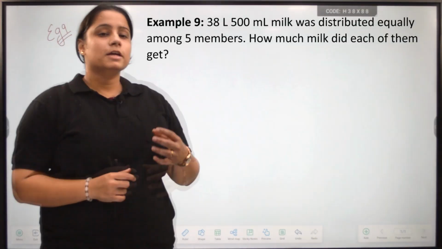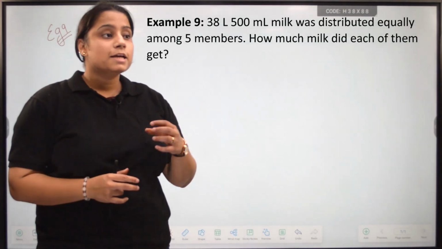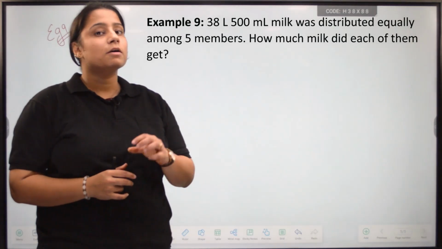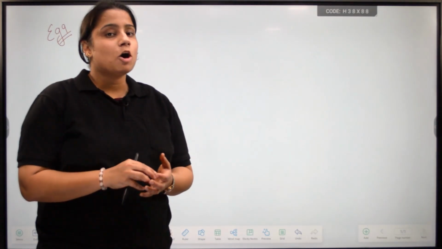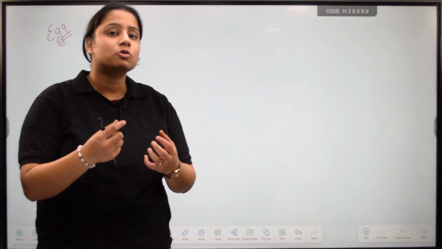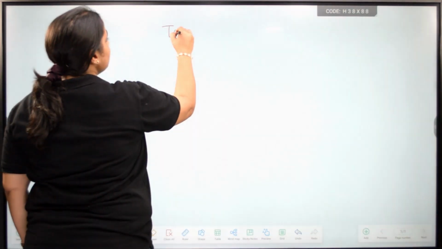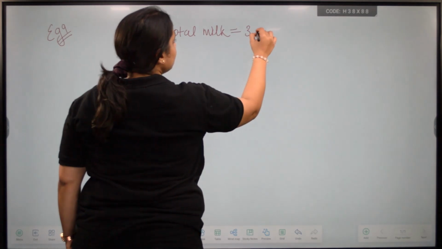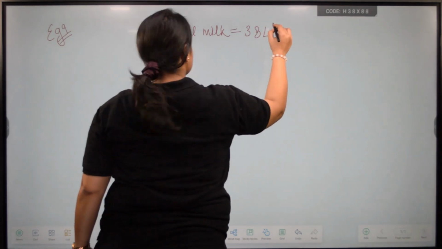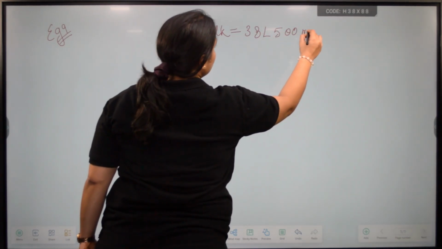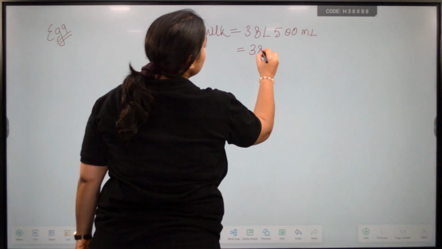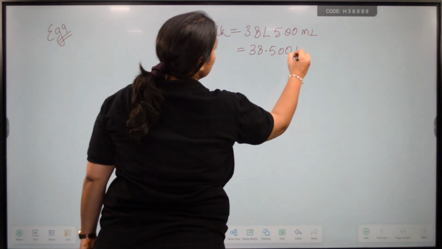Example number 9. In this question, some amount of milk is being distributed equally among 5 people. We need to find how much milk each member will get. So the total milk is 38 liters 500 ml. It can be written as 38.500 liters.